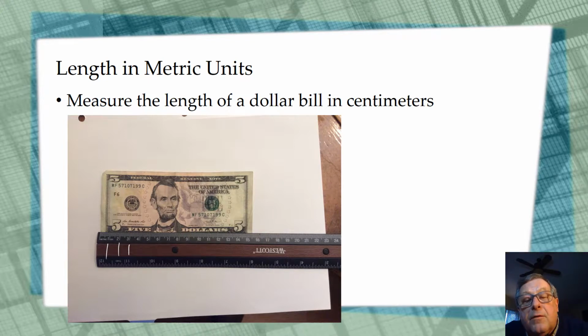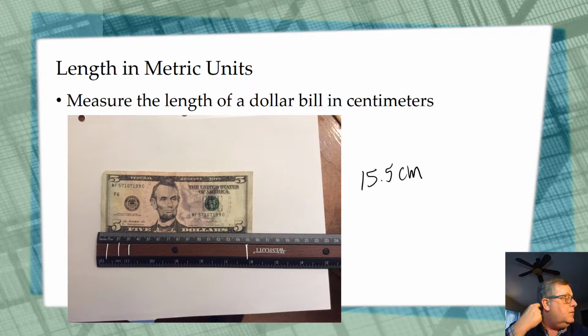And so right here are 15 centimeters. And in looking at this, it looks like it's maybe 15.4 or 15.5. It looks pretty close to 15.5. And so we're going to say that this is about 15.5 centimeters.